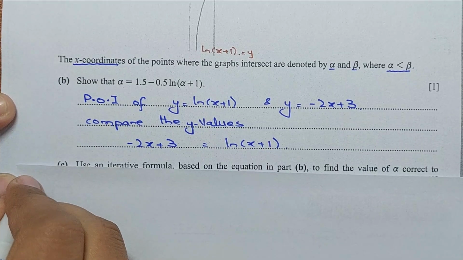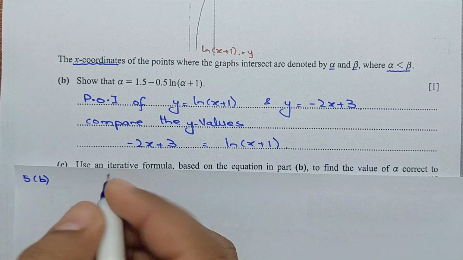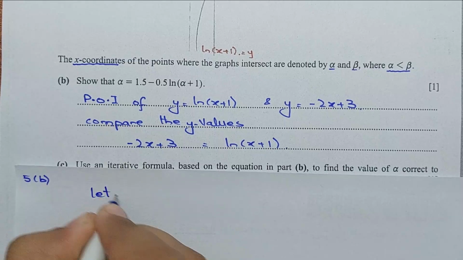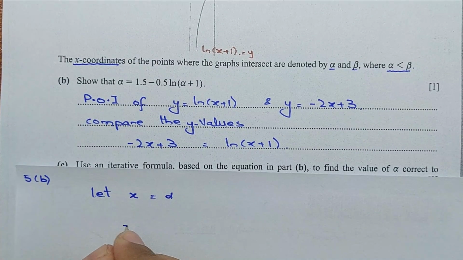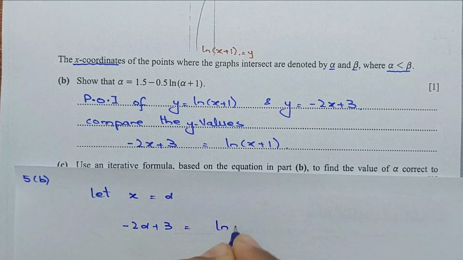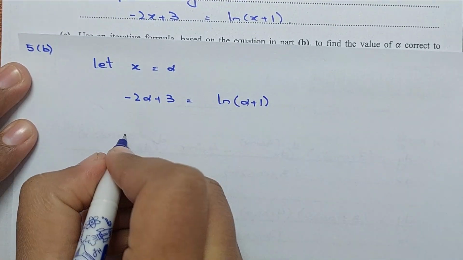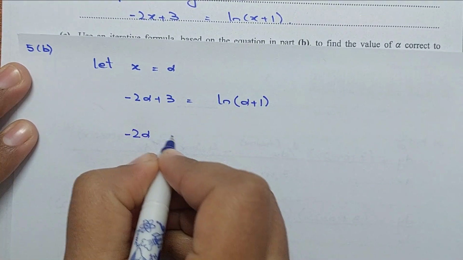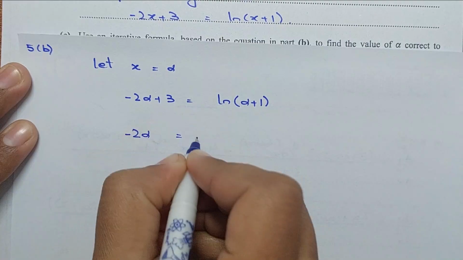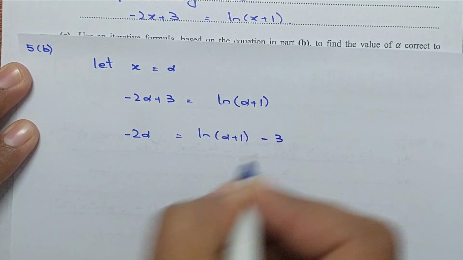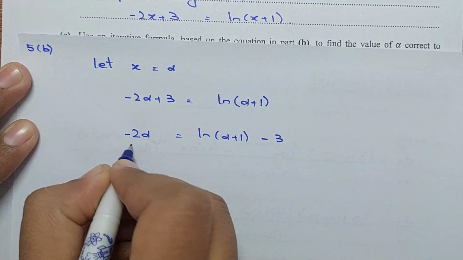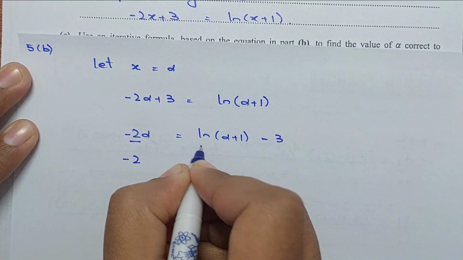Now this is 5b. Let x equal alpha, right? When x is alpha, then minus 2 alpha plus 3 equals ln of alpha plus 1, right? For simplification, minus 2 alpha equals ln of alpha plus 1, and shift the 3 to the other side, negative 3. Divide every term by minus 2.